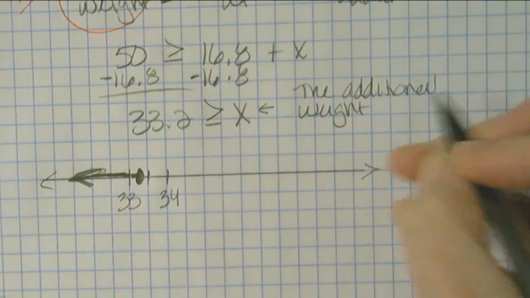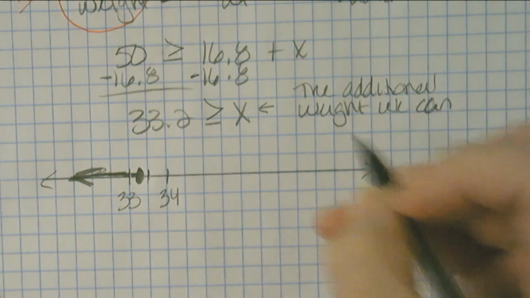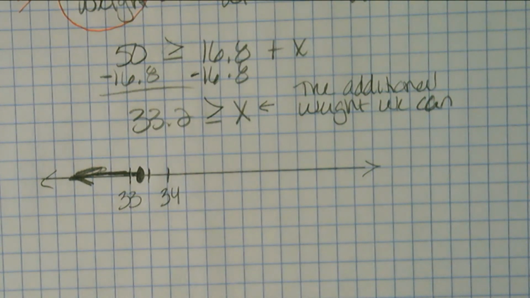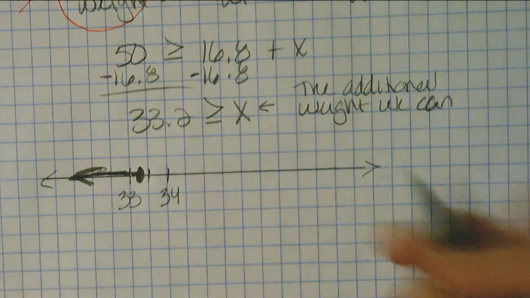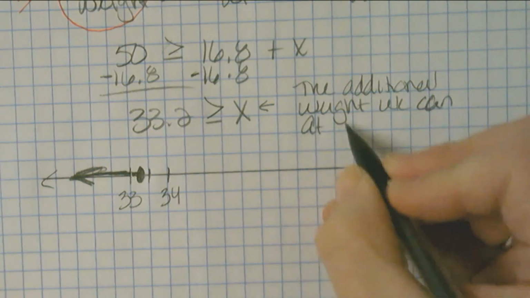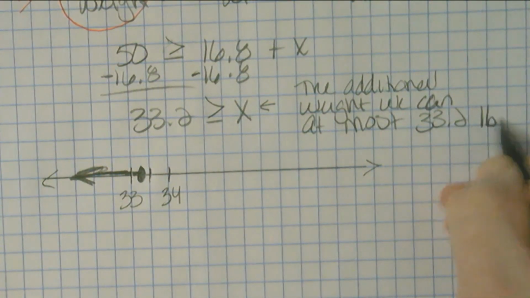The additional weight we can add is what, Joseph? No. Not exactly. Somebody word that properly. Lily? Exactly. It's at most 33.2 pounds.